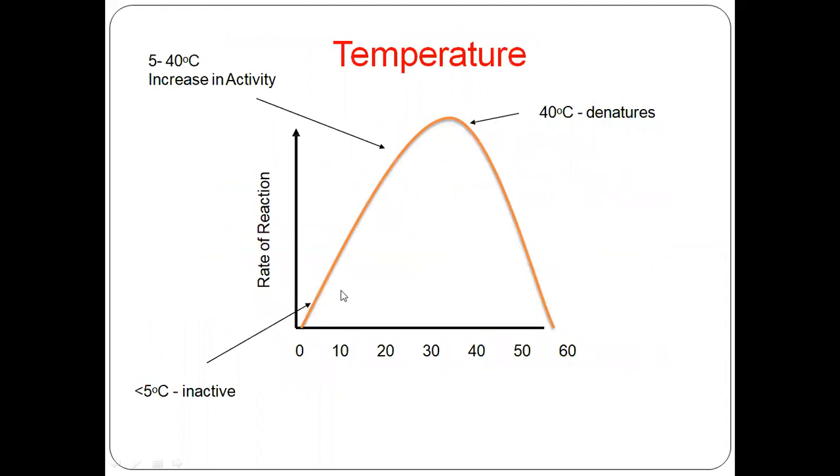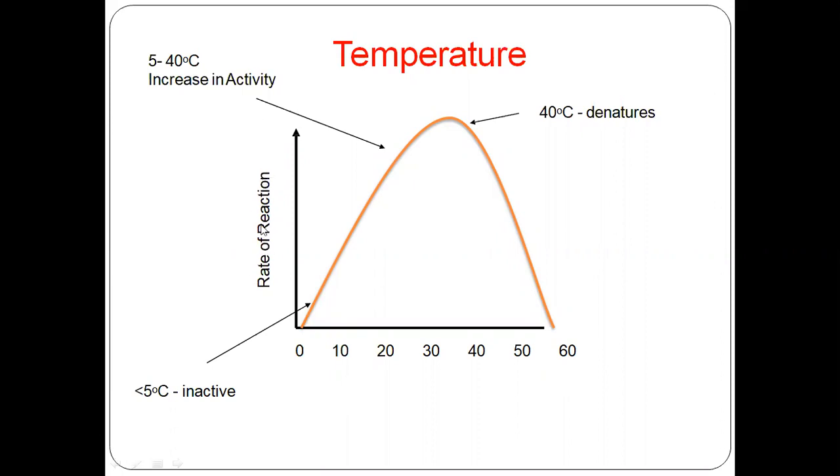If you see this graph, this is a temperature graph of one of the enzymes. Observe this graph carefully. The X-axis is temperature: 0 degrees centigrade, 10, 20, 30, 40, 50, 60.